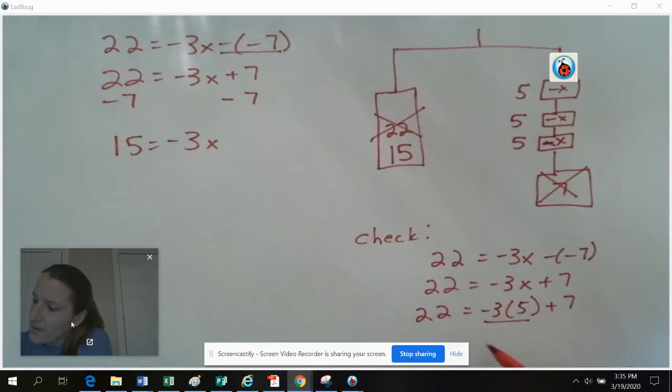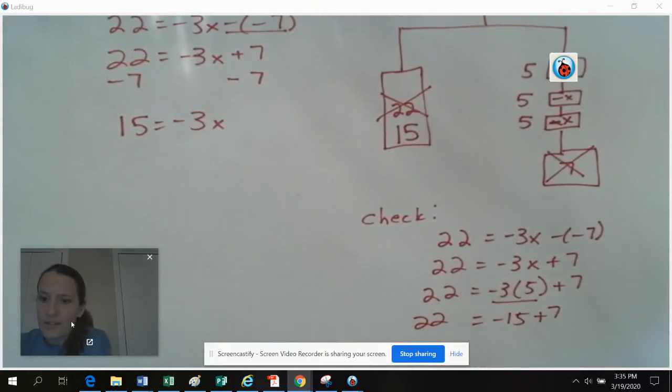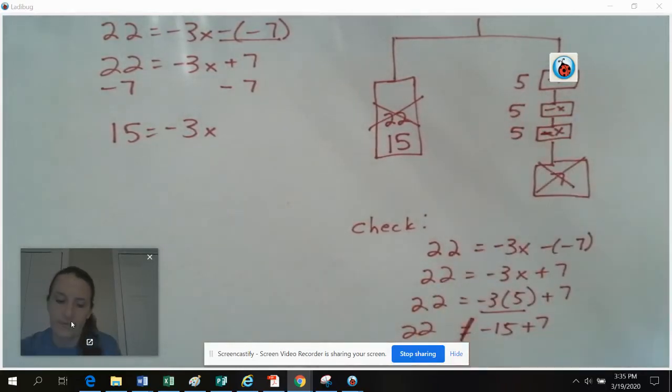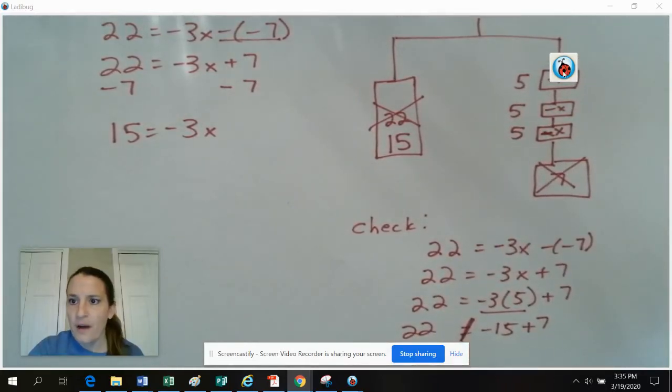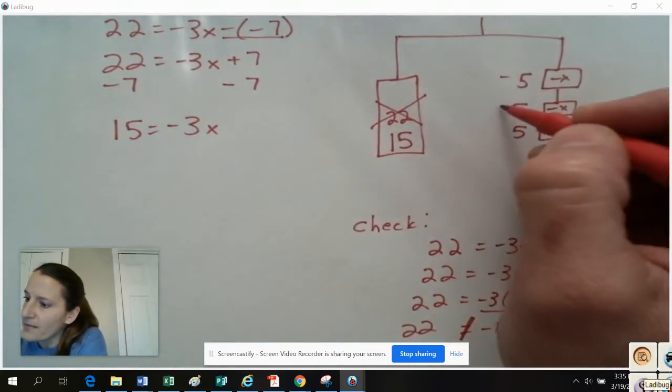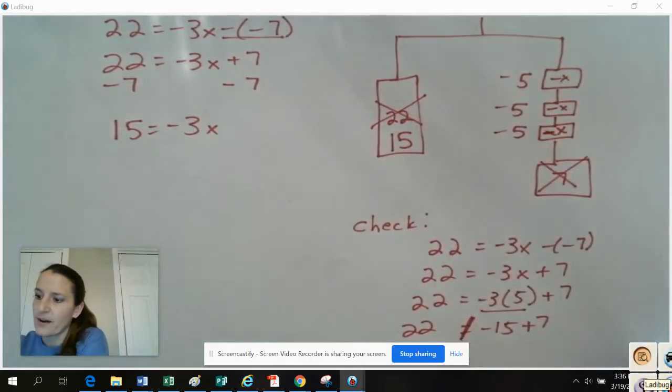Negative 3 times 5 is negative 15, and negative 15 plus 7 does not equal 22. So x equals 5 is not correct. What this is saying is we're going to take the opposite of 5. The opposite of 5 is negative 5.